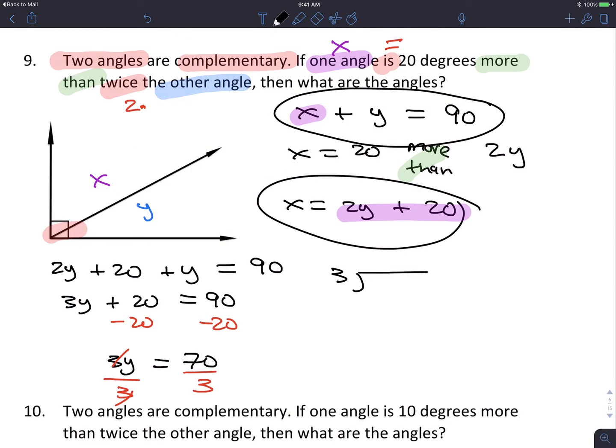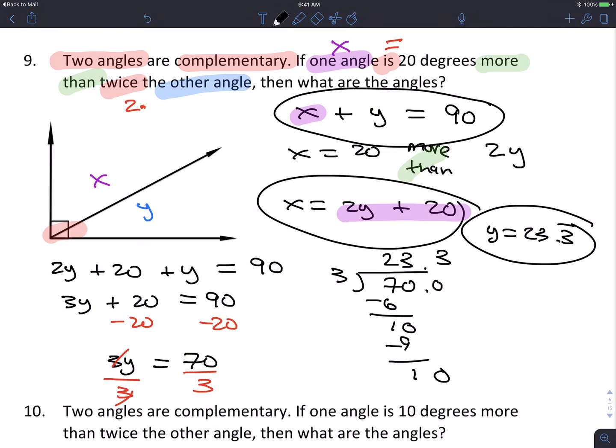3 into 70, 2 times 3 is 6. Subtract, I got 1. Bring down the 0. It's 3 and 9. 1. Bring down another 0. 3. In other words, sorry, y is about 23.3. So y will be 23.3 forever.